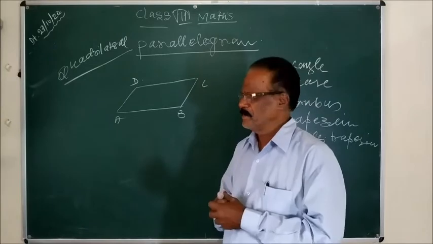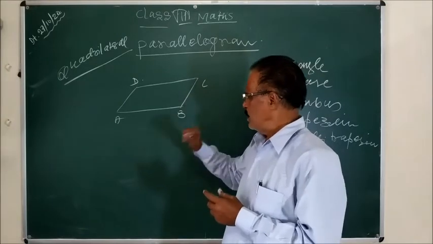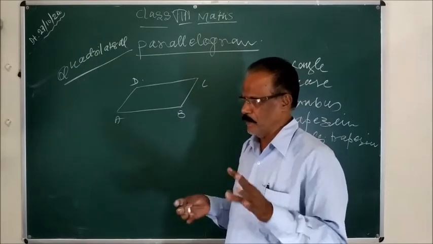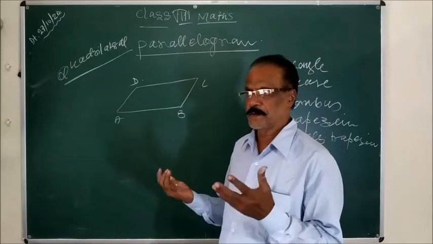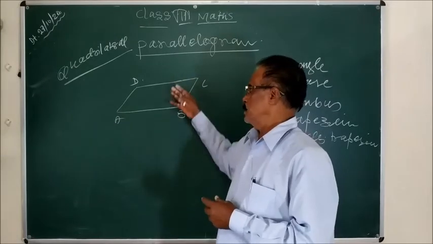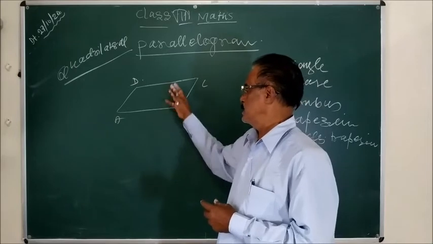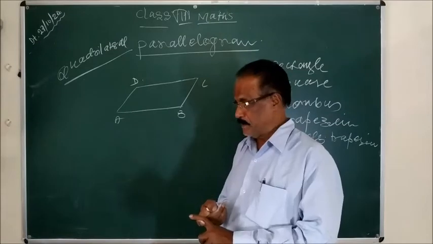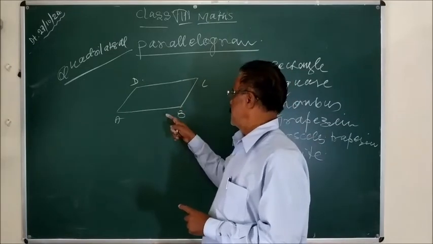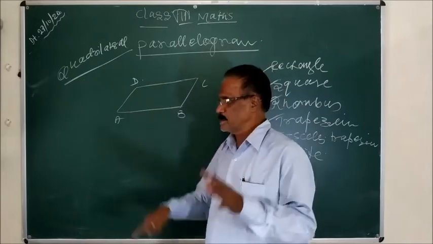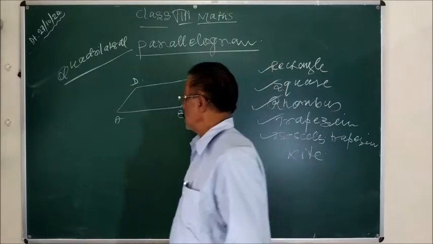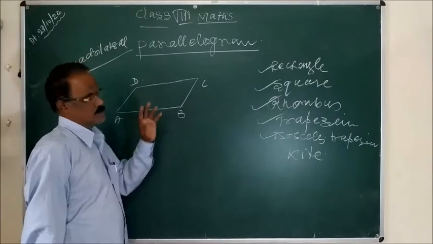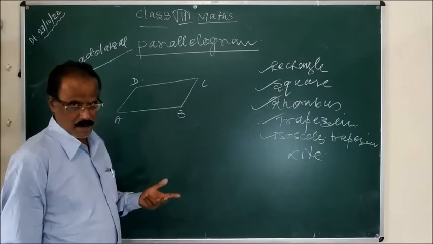So you can define it as a quadrilateral in which both pairs, 4 sides so there will be 2 pairs, of opposite sides are parallel. Opposite pairs of sides are AB and CD in this figure, another pair BC and AD. AD and DC are adjacent sides. You should remember, a quadrilateral in which both opposite pairs of sides are equal and parallel.